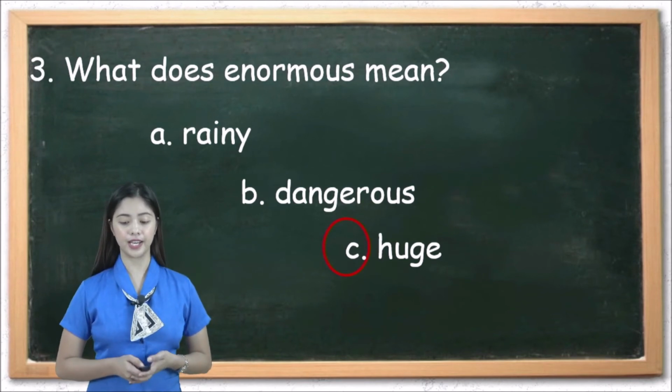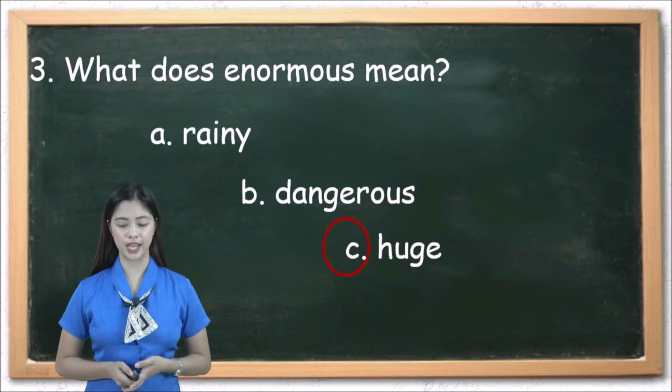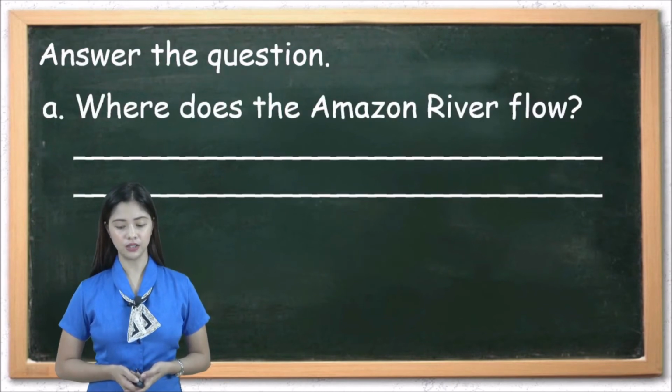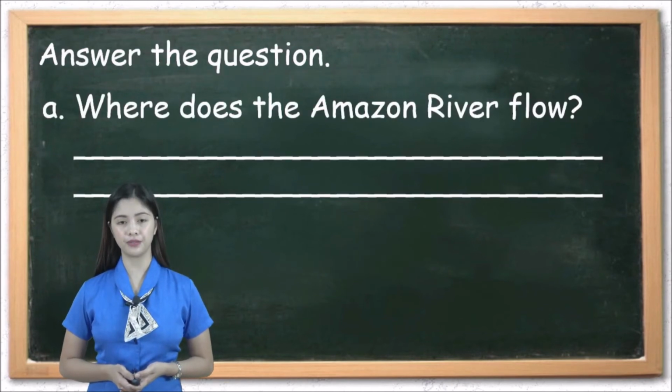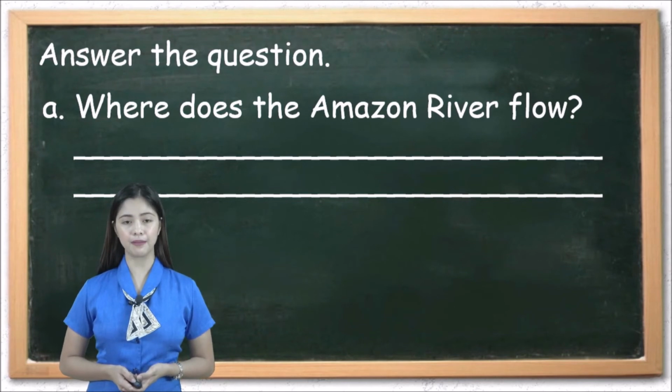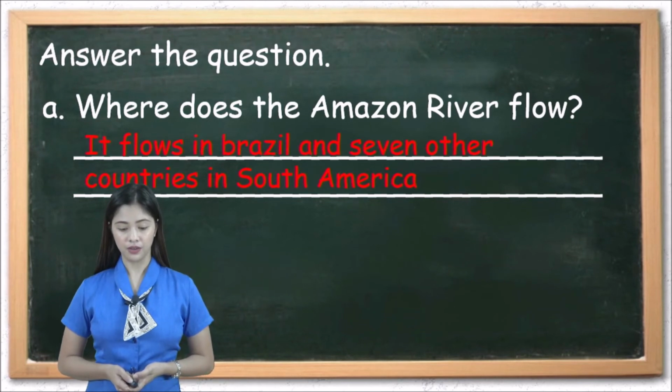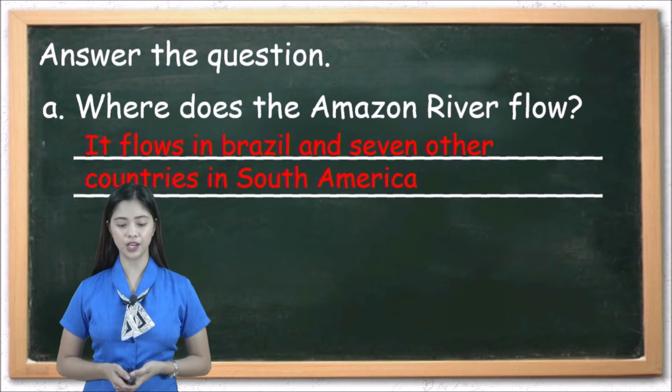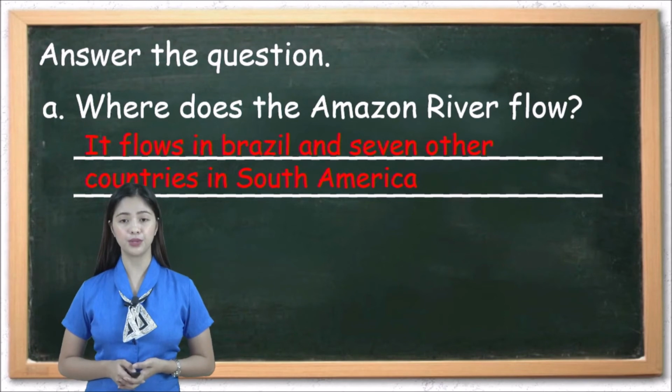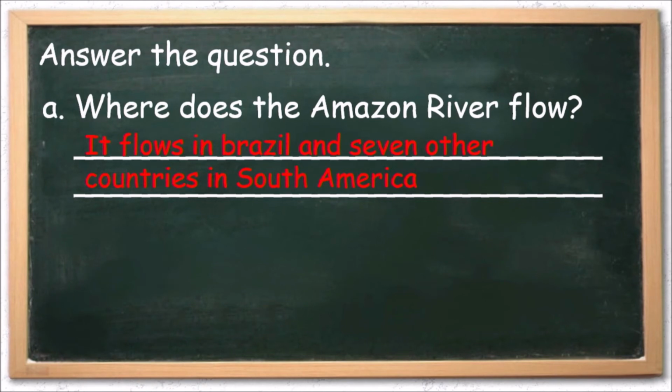For the next, number 4, letter A, answer the question: where does the Amazon River flow? The Amazon River flows in Brazil and 7 other countries in South America.